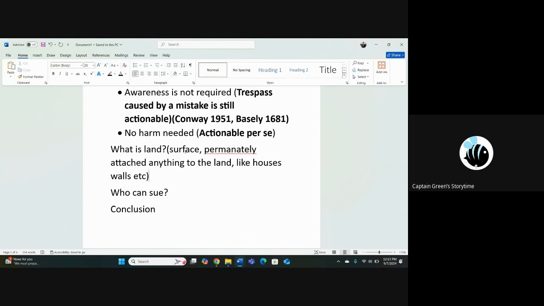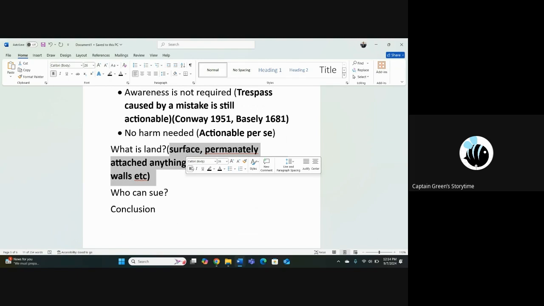The definition is that it includes the surface and anything permanently attached to the land, like houses, walls, or standing crops. It also includes the subsoil, the soil beneath, and airspace, which means anything above or below the land to a reasonable height or depth in relation to normal use of the land. It means that anything on the land, anything beneath the land up to a specific depth, or anything above the land up to a specific height is included in the definition of land.